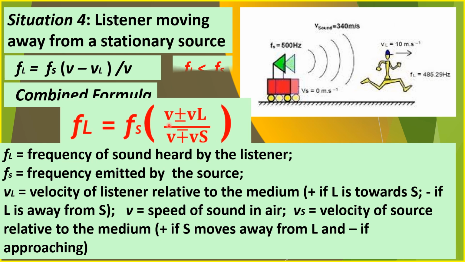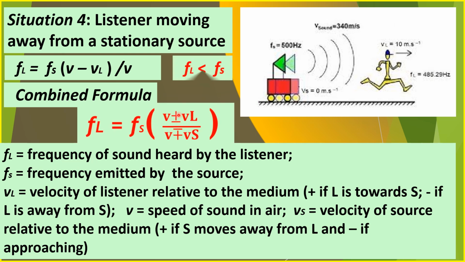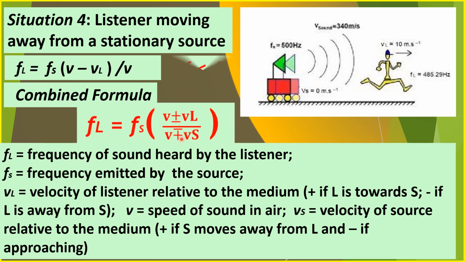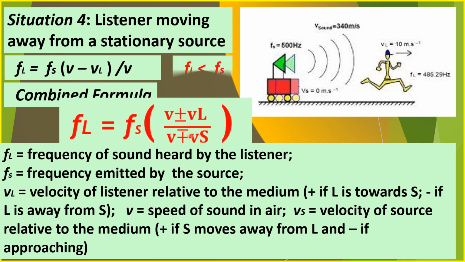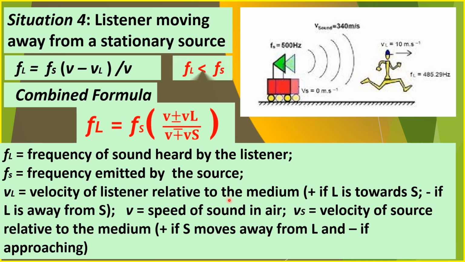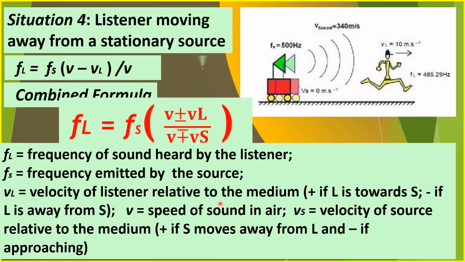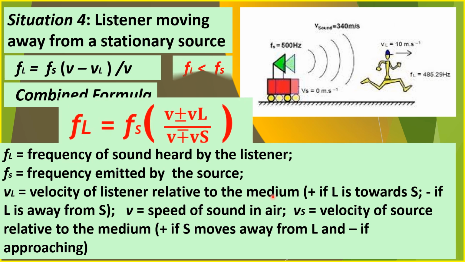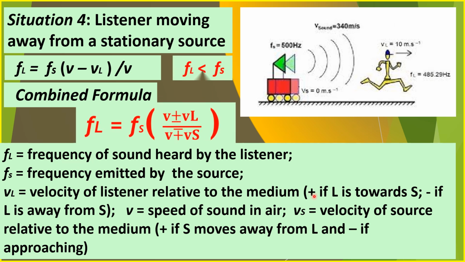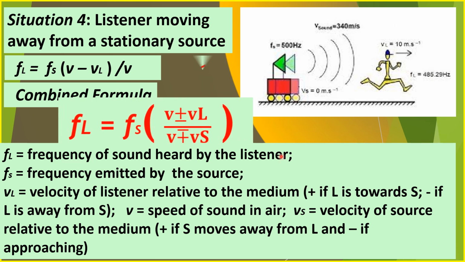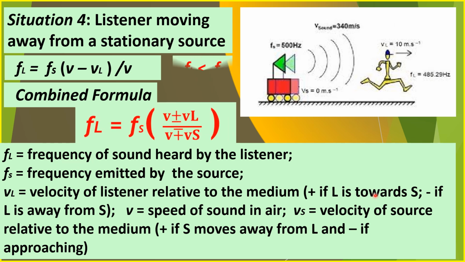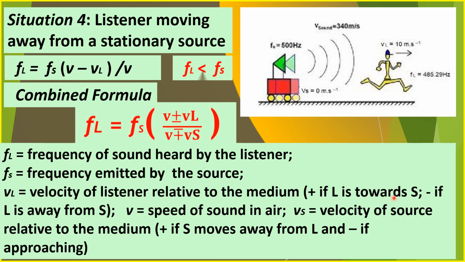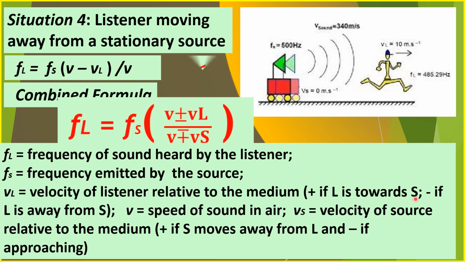The question now is, when are we going to use the plus sign in the numerator and when are we going to use the minus sign? Likewise, in the denominator, when do we use the minus sign and the plus sign? For the velocity of the listener relative to the medium, usually still air, you use the plus sign in the numerator if the listener is moving towards the source, whether or not the source is moving or at rest.